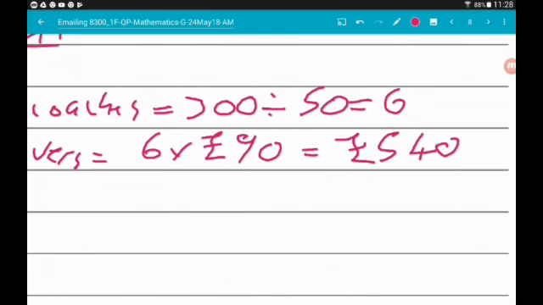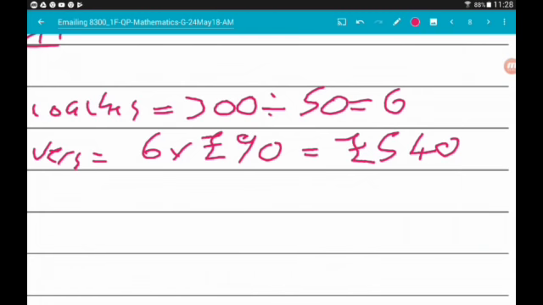So starting from the right, we can't do 0 minus 2. So we need to borrow 1 from the 4. So it goes down to a 3. So now we've got 10 take 2, which is 8.